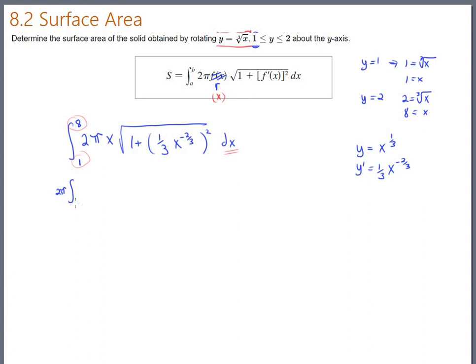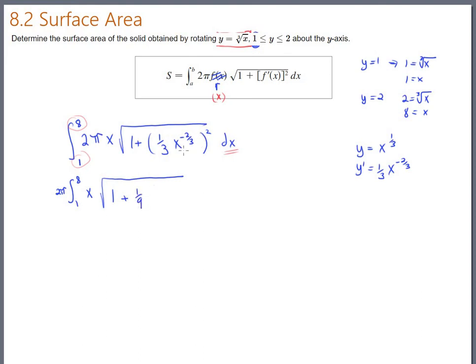So I'm going to move the 2 pi out front, limits from 1 to 8. I've got an x there. And inside the square root, I've got 1 plus, and then when I square this stuff, the fraction becomes 1/9.